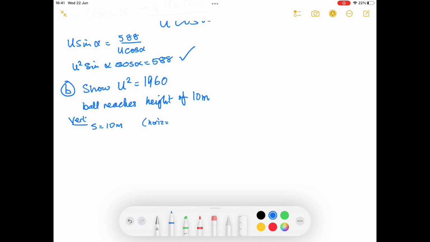And at that height, it may be useful to know that the horizontal distance is 60 meters. So just bear that in mind. It may be something we can use later, but not necessarily.